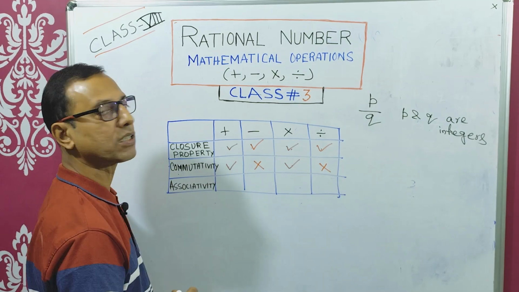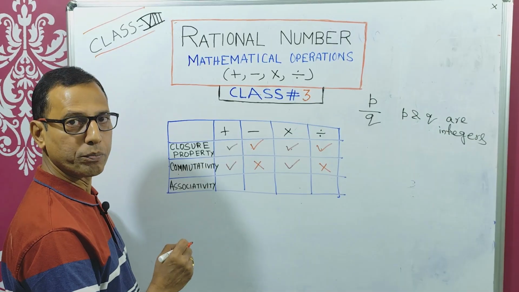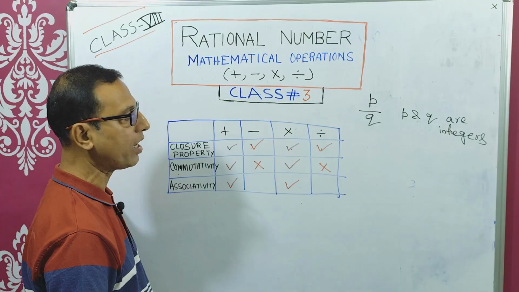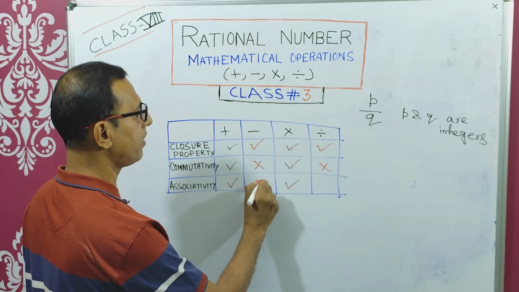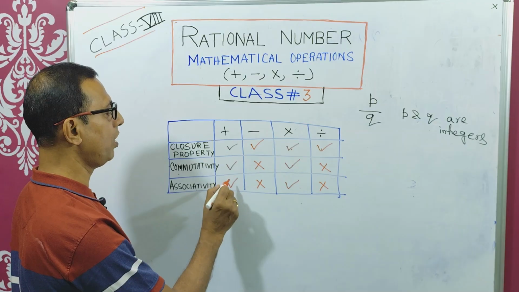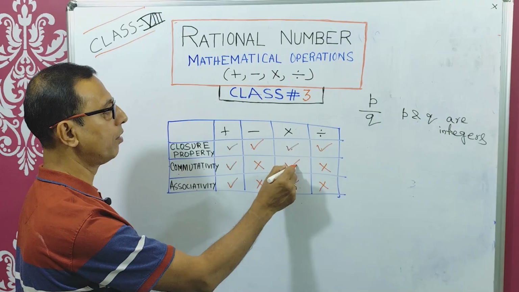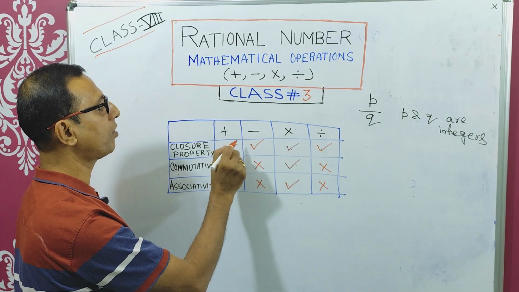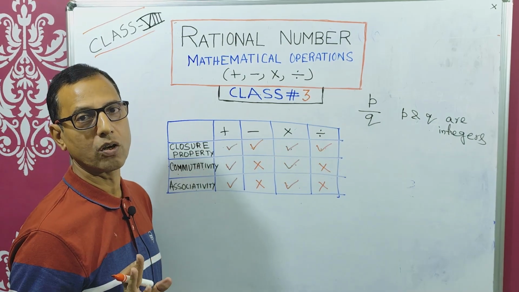Associativity, if you change the grouping, there is no impact for addition and multiplication, whereas there is a change in result for subtraction and division. Therefore, it does not support. So associativity is supported only by addition and multiplication. Commutativity is supported only by addition and multiplication. But closure property is supported for all 4 mathematical operations for rational numbers, right?